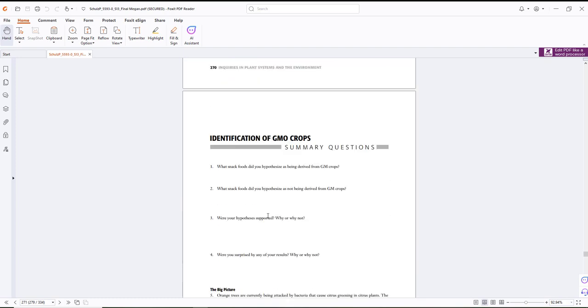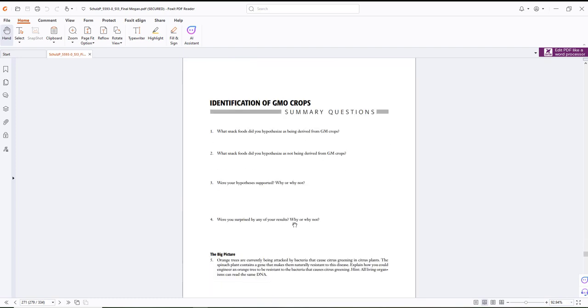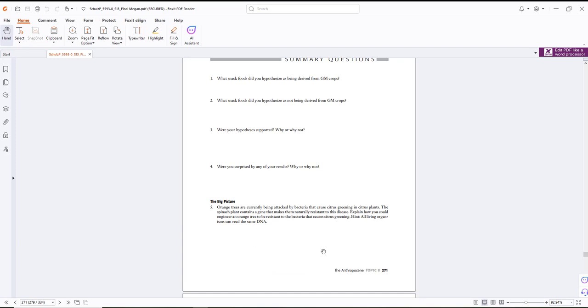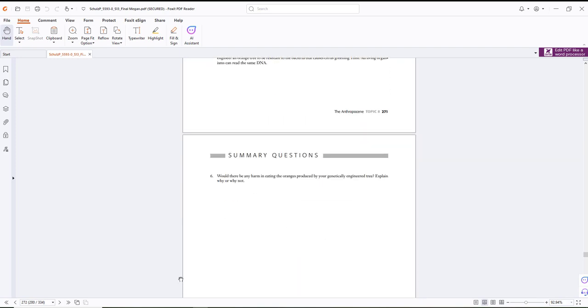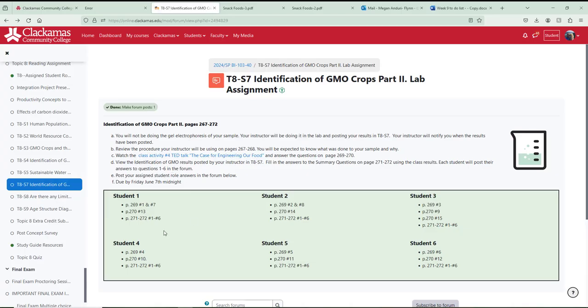And then finally at the end, you use the information that you gathered from the gel electrophoresis activity as well as the video, and answer the questions along the way. Okay. So once you have answered all of the questions, then go ahead and post the answers to your selected questions in the student forum below.